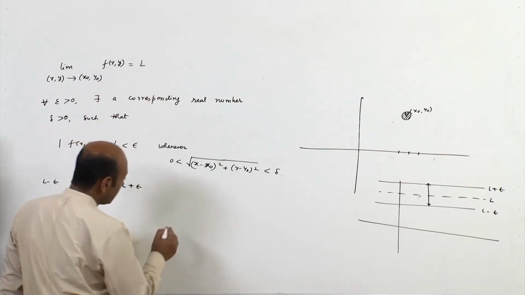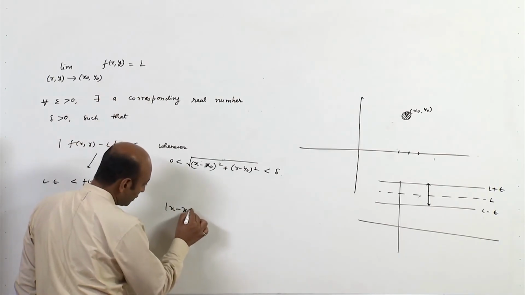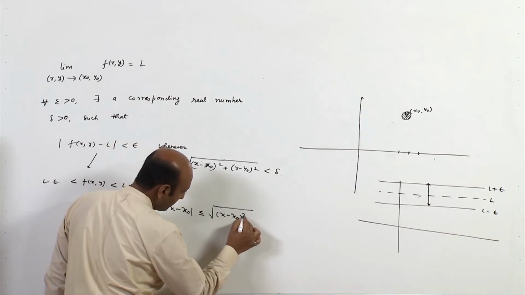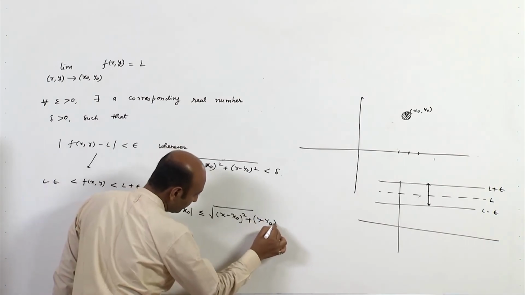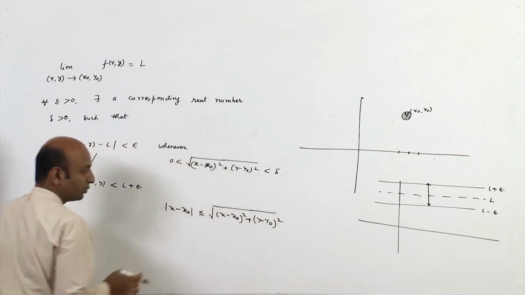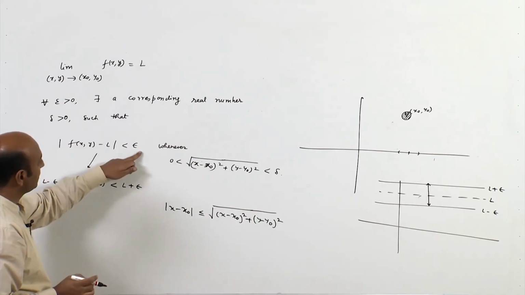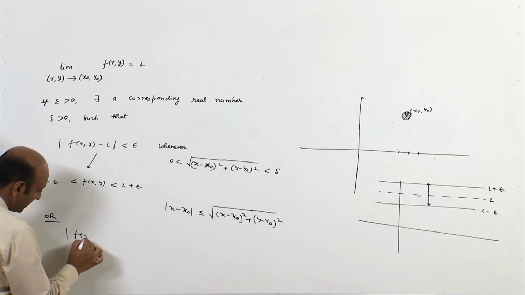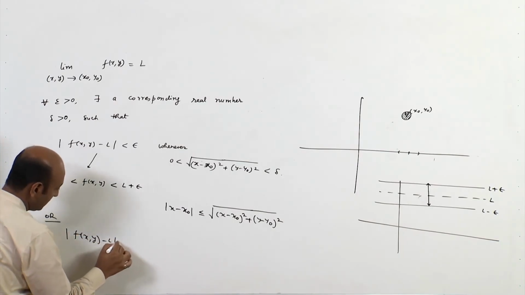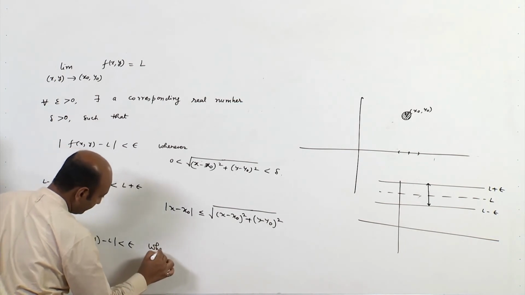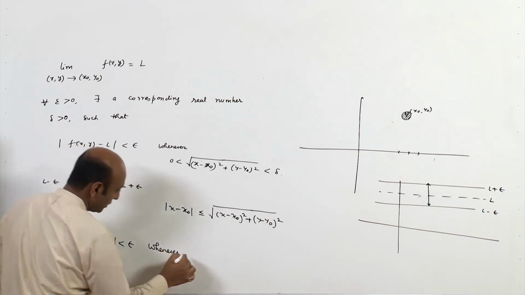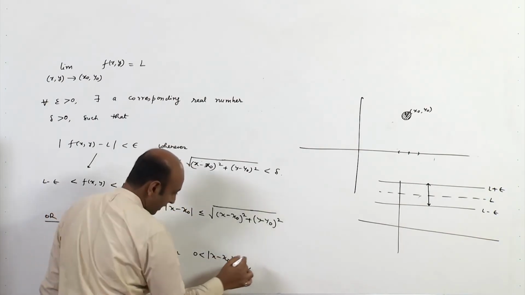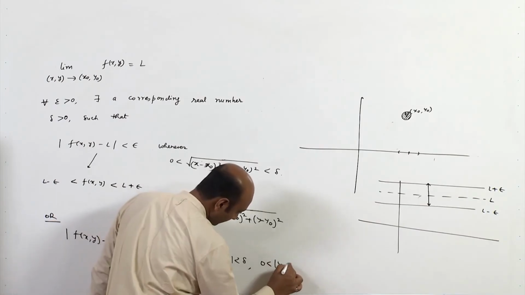Now, since |x − x₀| is always less than or equal to √((x − x₀)² + (y − y₀)²), because this is always true, this definition can also be written as |f(x, y) − L| < epsilon whenever 0 < |x − x₀| < delta and 0 < |y − y₀| < delta.